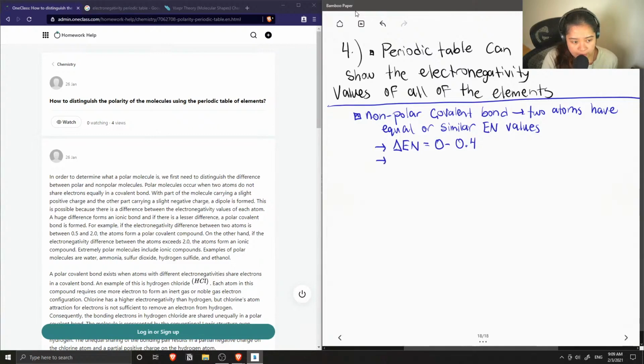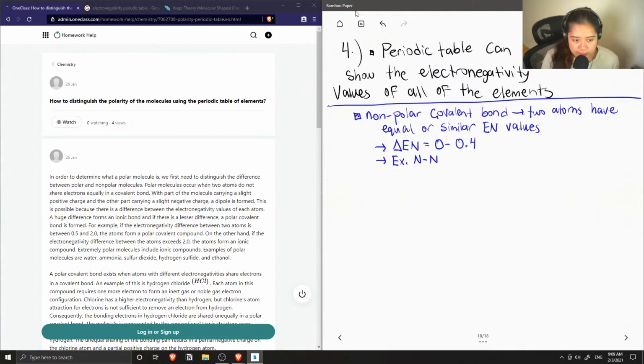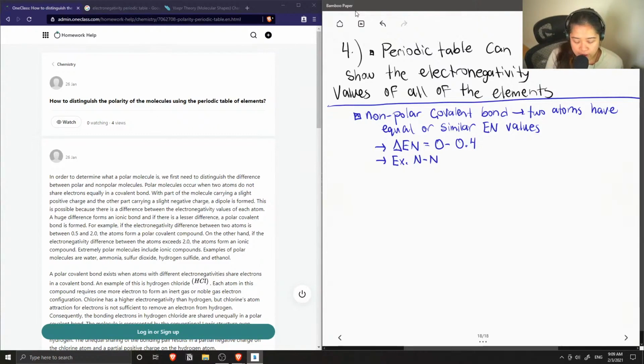And some examples of nonpolar covalent bonds would be diatomic elements, such as nitrogen-nitrogen. Obviously, they have the same electronegativity value, so their difference in electronegativity would just be 0. Another example would be the carbon-hydrogen bond.